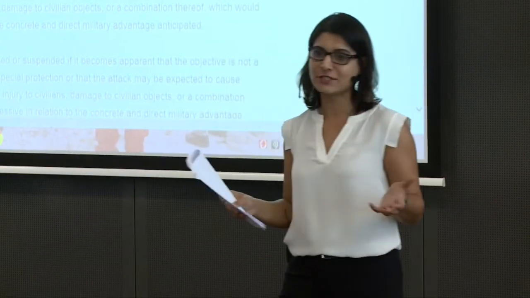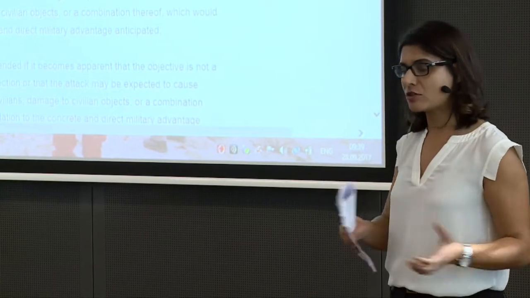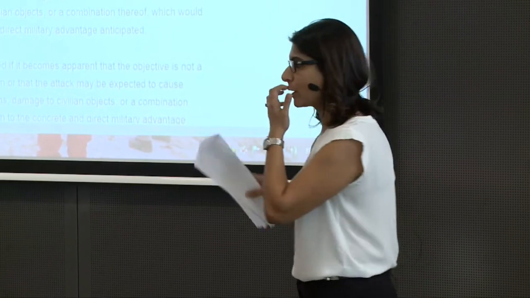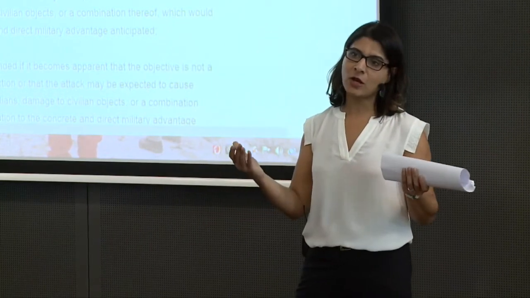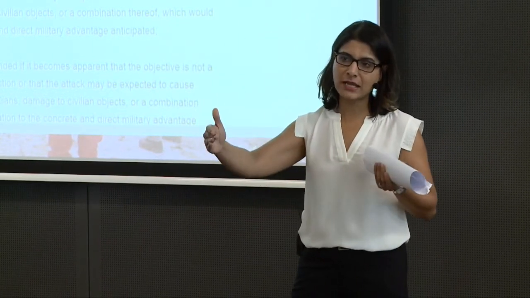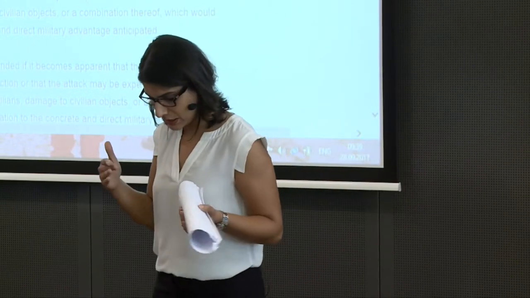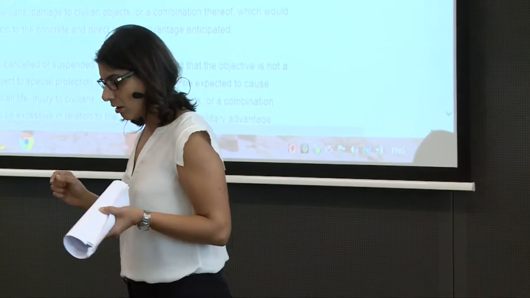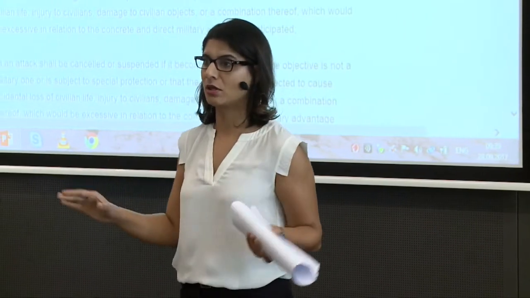I've had so many conversations with armed actors and commanders using different types of mortars, rockets, grenades, and artillery, and when you ask them whether they know how far it's going to land, there's a lack of understanding of where these munitions are going to land and how it's going to impact civilians.